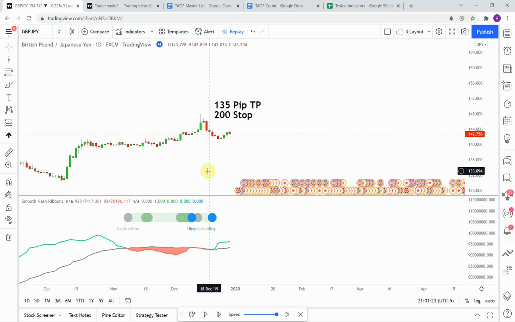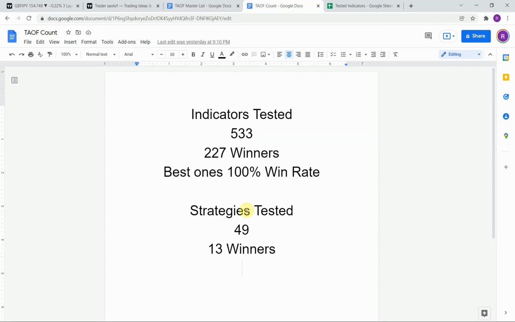Alright, as I said, today we will be testing the smooth hash ribbons indicator. Before we do though, I wanted to put the testing scoreboard up for everyone to see. So to date, we have tested a total of 49 different strategies, with 13 of them being profitable. We've also tested a total of 533 indicators, with 227 of them being winners.